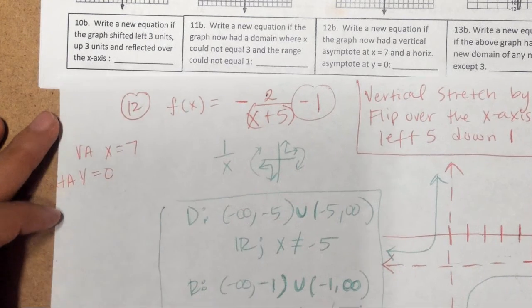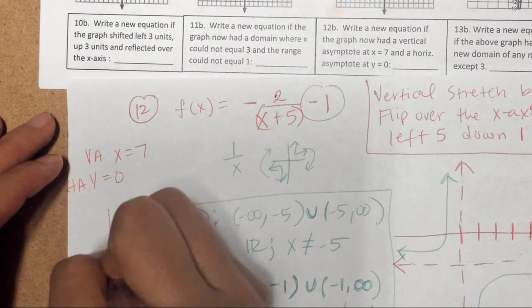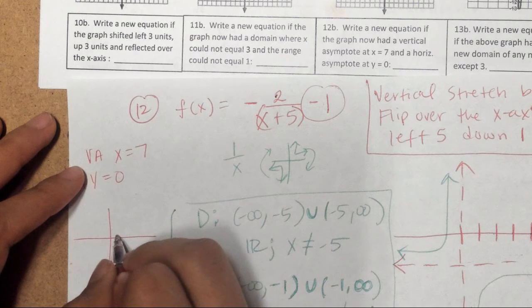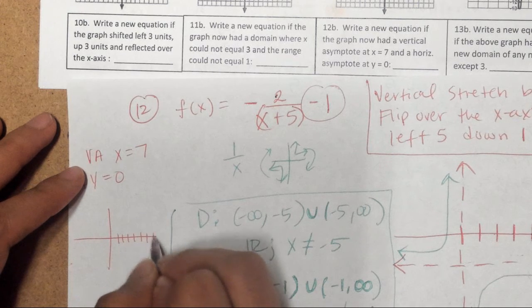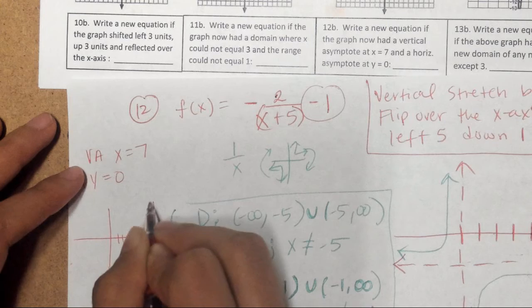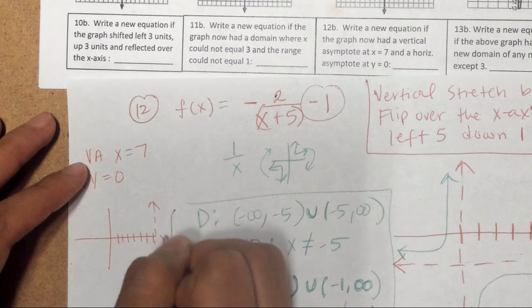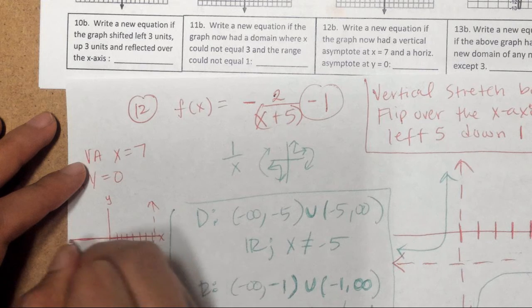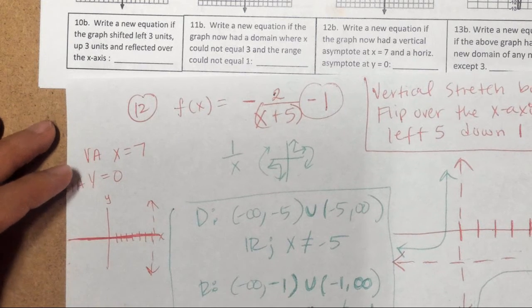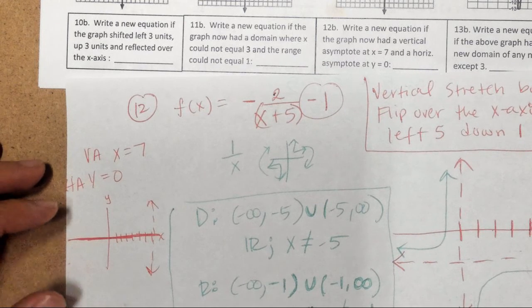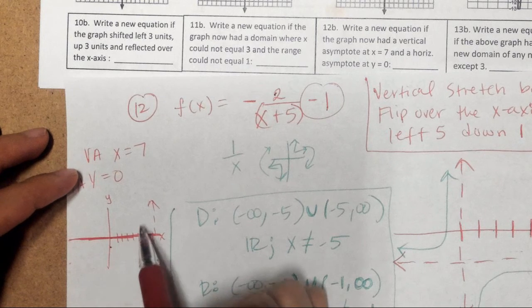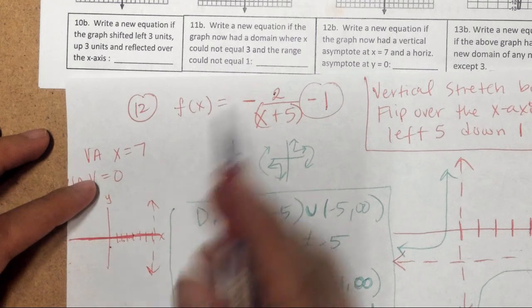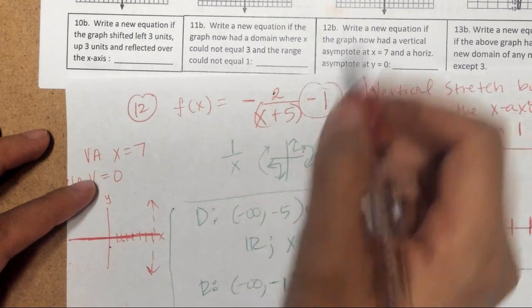Alright, so I'm going to draw a quick sketch. x equals 7 and y equals 0. This is your x-axis, this is your y-axis. y equals 0, so that's here. So the graph didn't shift up or down, right? So it just stayed there. So this is going to go to 0.